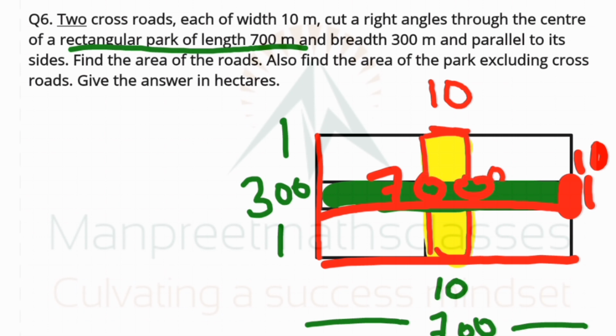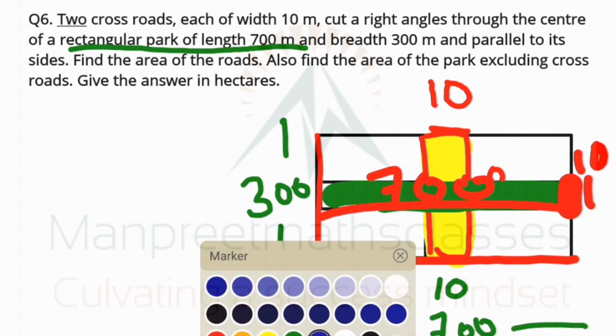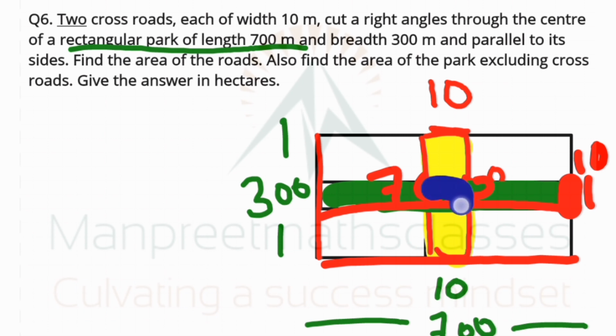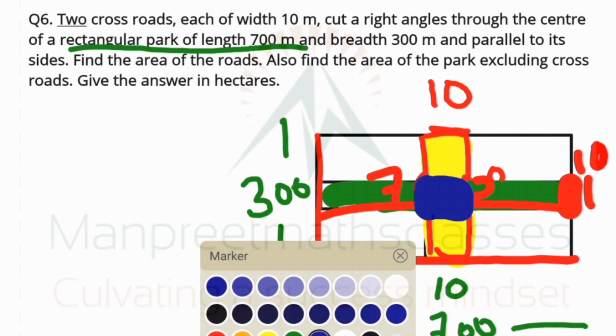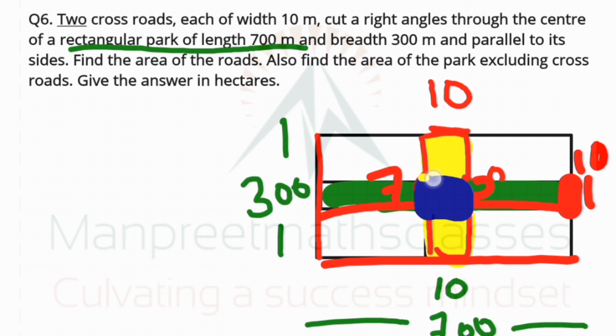Now when we calculate these both areas, as I told you just now, this middle area will come twice. Now see how you recognize which shape it is. Square. How did I know it is a square? Because they told us the width is 10, this is 10 from this and this is 10 from this. So all four sides are equal, so this is forming a square. Now we'll calculate all these three areas, then we'll get the area of both the roads.